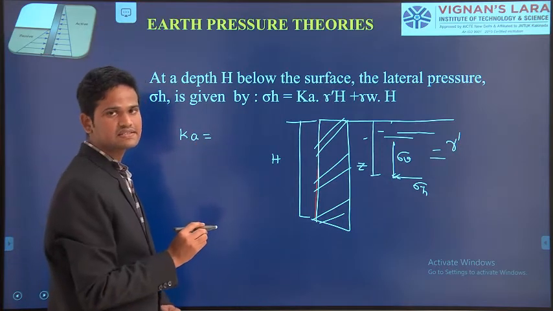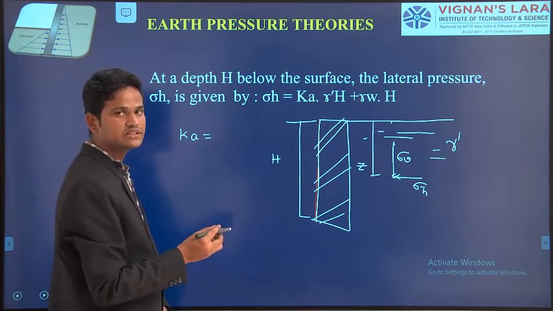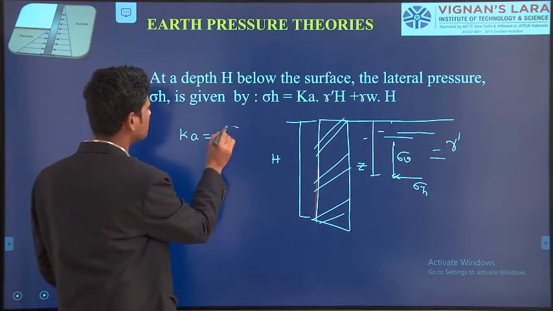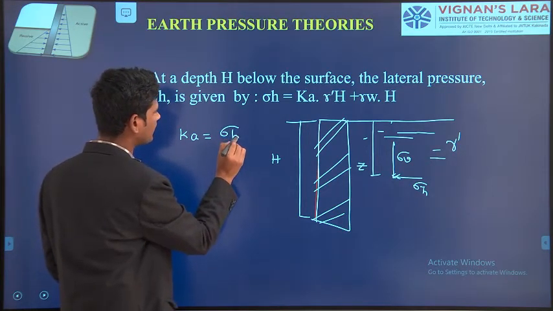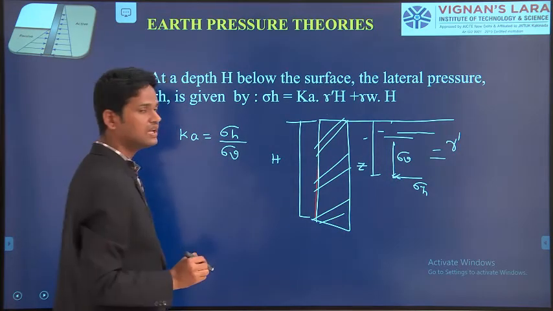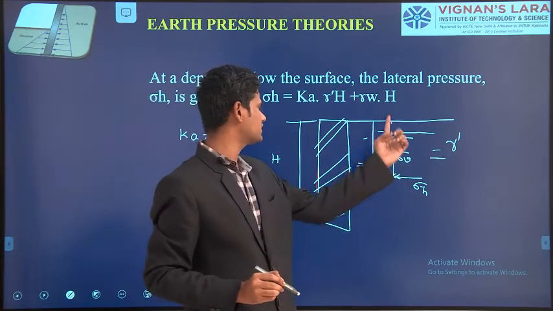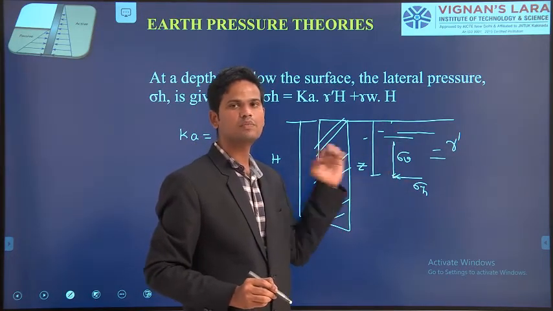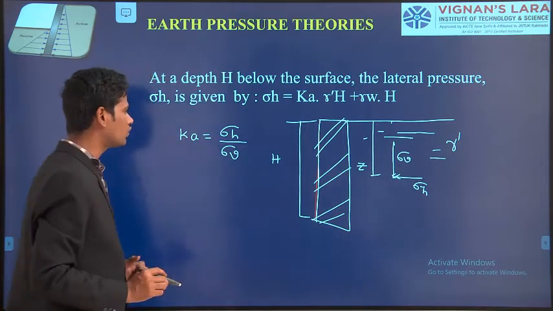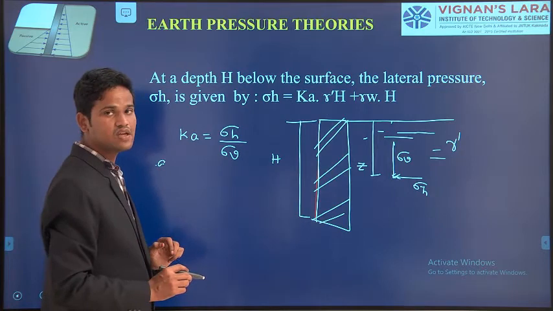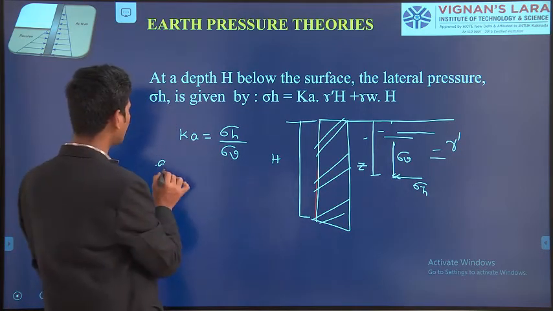It is defined as the ratio of horizontal effective earth pressure to the vertical effective pressure. That means Ka is sigma h divided by sigma v, where sigma v is the effective vertical pressure. That means in this direction how much vertical pressure is acting, and in this direction how much horizontal pressure is acting, that we want to calculate. That ratio we are taking as Ka, the coefficient of active earth pressure.